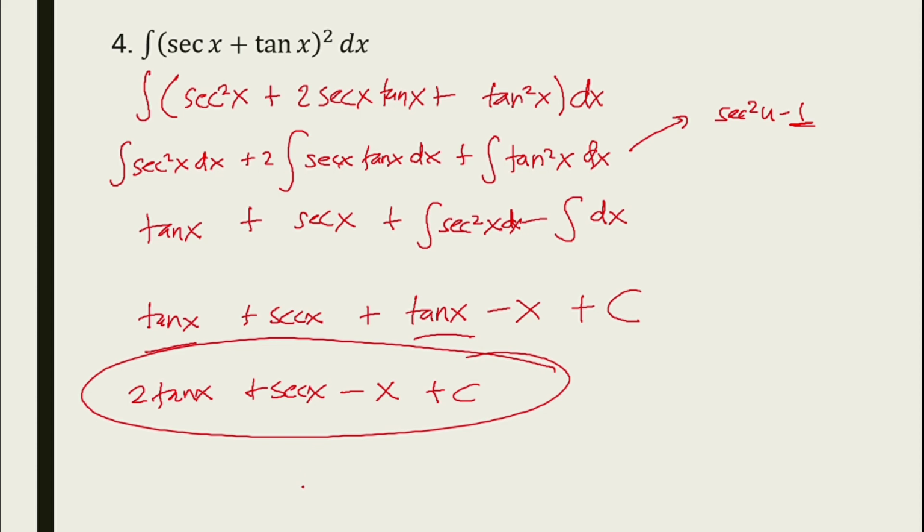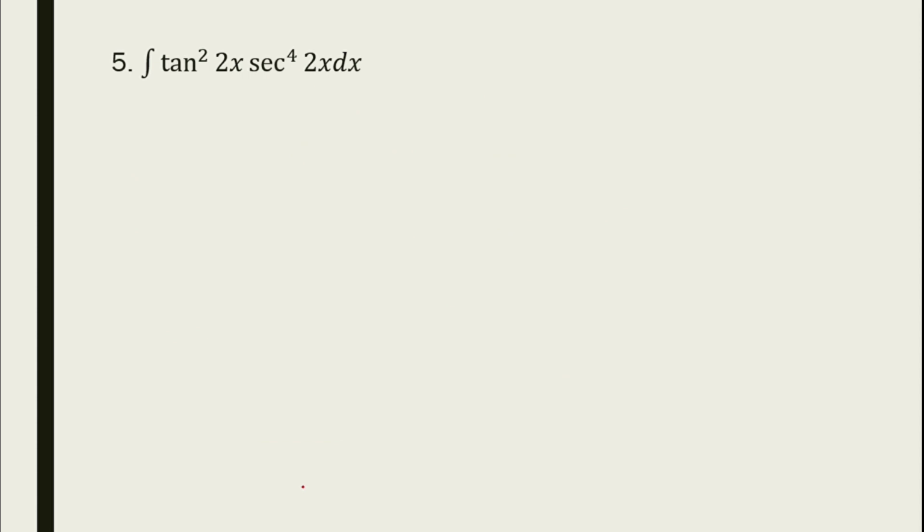Okay, so moving on to number 5, which is tangent squared 2x secant to the fourth 2x dx. The problem in this case is tangent squared, where n is a positive even integer greater than 2.